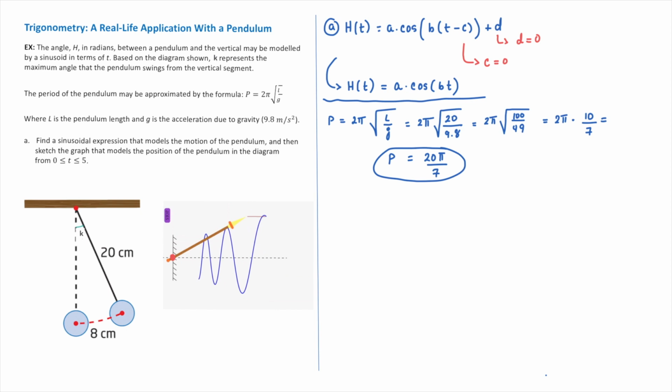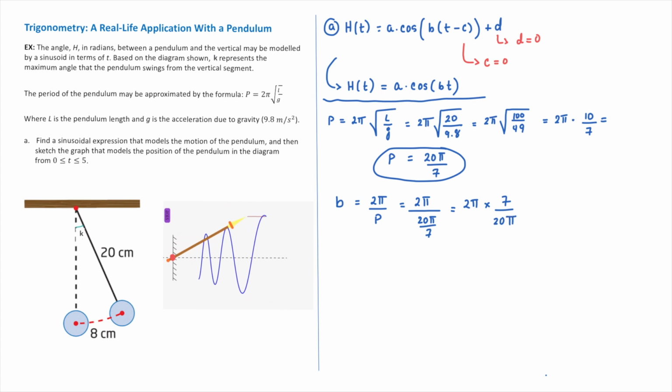So now that I have the period, I know that B is equal to 2 pi divided by the period. That means we're going to have 2 pi divided by 20 pi over 7, which is going to give us 2 pi times 7 over 20 pi.